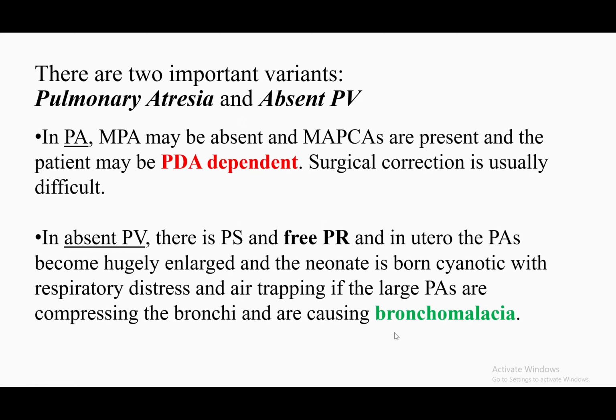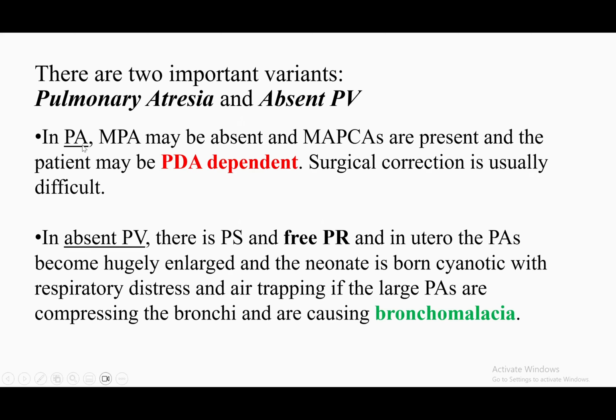Sometimes people assume that the absent pulmonary valve is a pulmonary atresia. No, the absent pulmonary valve is the absence of leaflets in the pulmonary valve. So the blood flows antegrade normally through the pulmonary artery, but without a pulmonary valve. So in this case there is free pulmonary regurgitation.